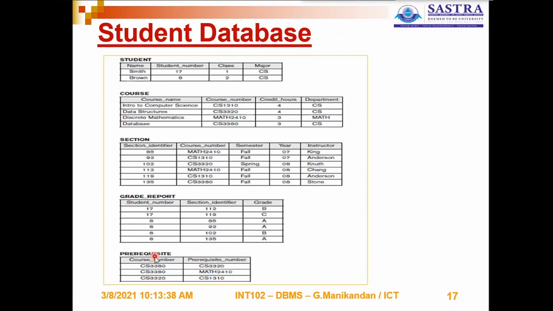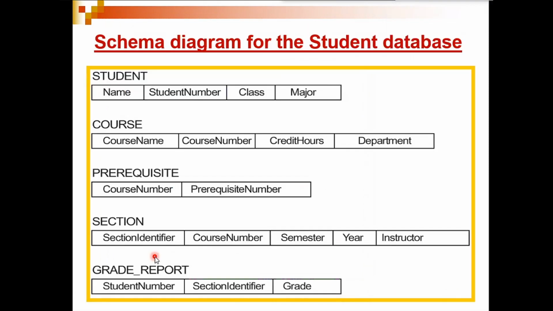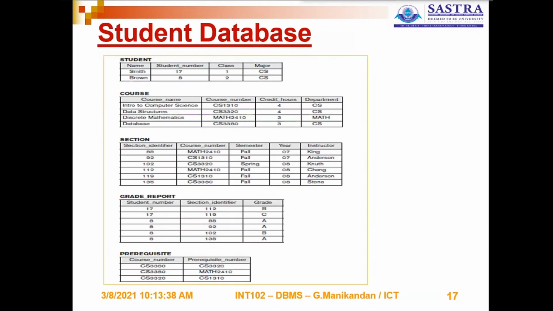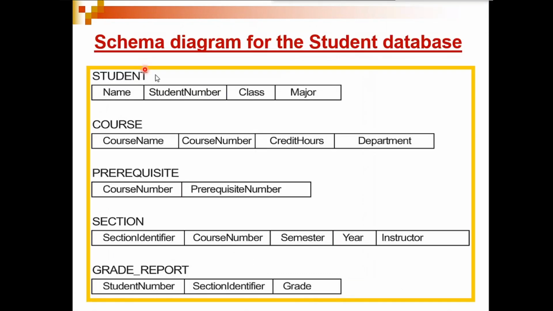Now, the equivalent database schema diagram for the student table is shown in this slide. So what is the inference? Here you are having a table called the student. For this student table, what is the equivalent schema diagram? This is the schema diagram associated with the table called the student. As part of the student table, what are the fields you are going to have?